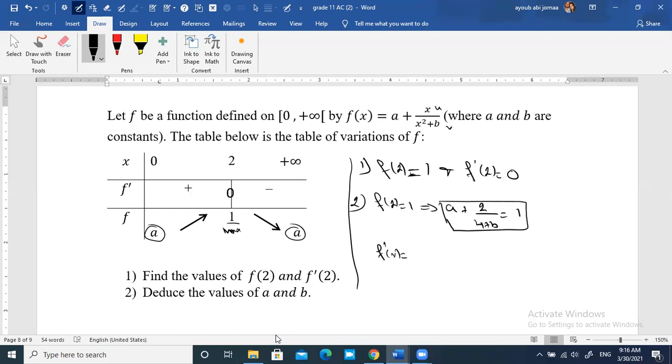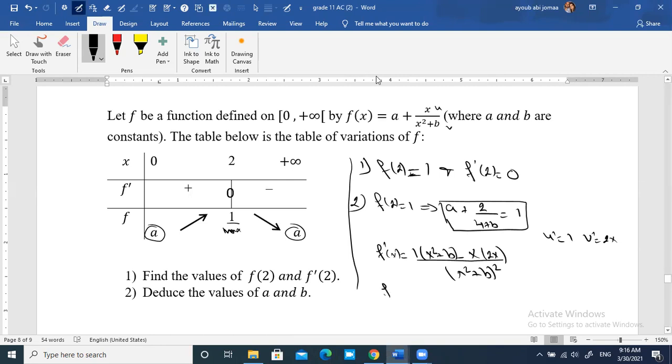Here u prime is 1 and v prime is 2x. So 0 plus u prime v minus u v prime over v squared. So 1 times x squared plus b minus x times 2x, over x squared plus b squared.